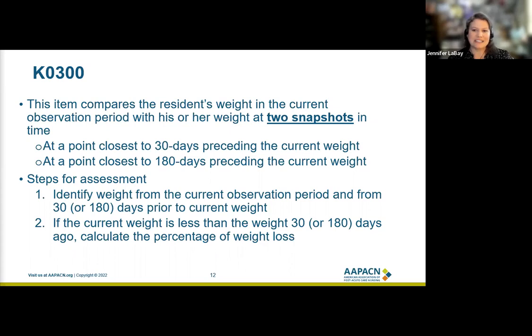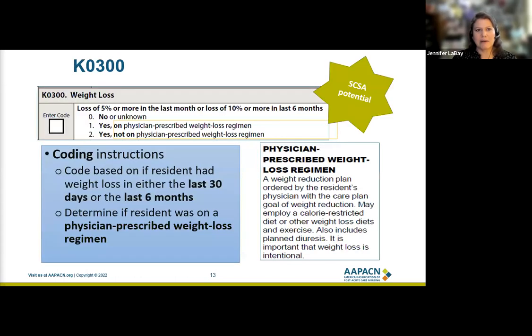Then you are going to identify the weight closest to 180 days. You're going to do a determination: do we have that 5% loss in that 30 days? If that 5% loss occurs, you don't have to do the 10%. If they don't have that 5% loss, then you would then have to calculate that 180 days.